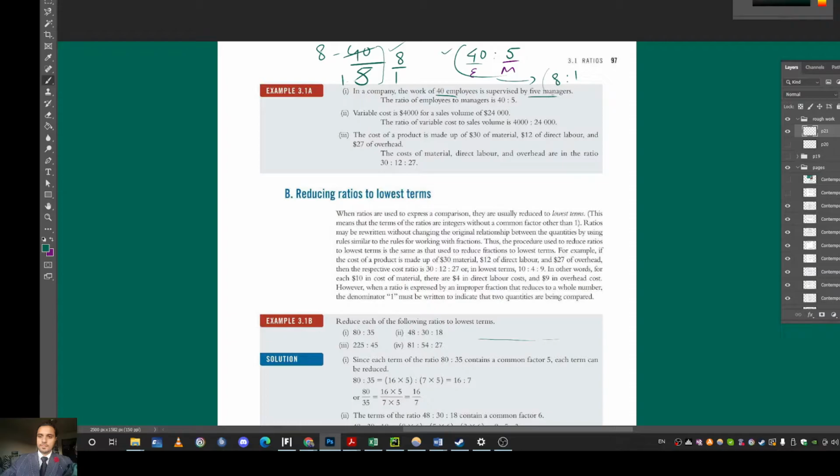So for every 8 employees, there is one manager, which is to say the same thing as for 40 employees, there are five managers. Okay, good. So that's one thing.